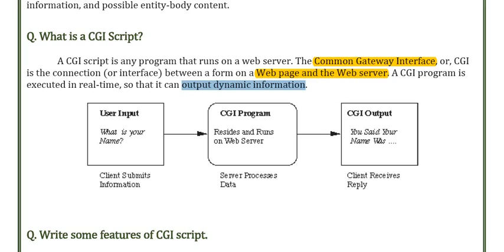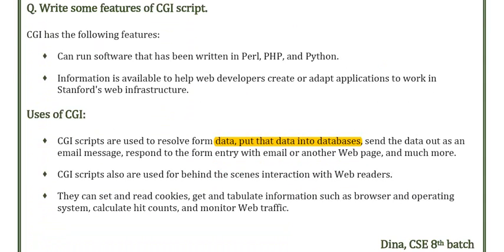After it is processed by the server, it goes to the CGI output as a client receives the reply. That is how CGI works. This diagram is important for your exam question. Have a snap of this one.